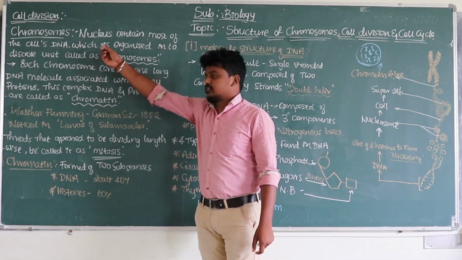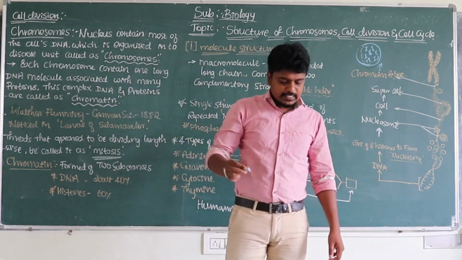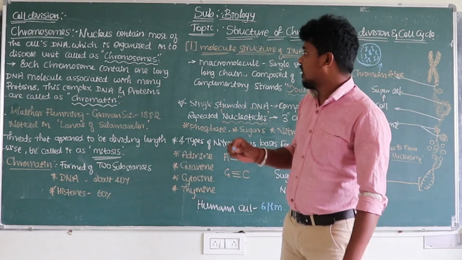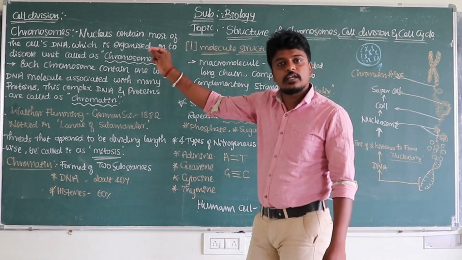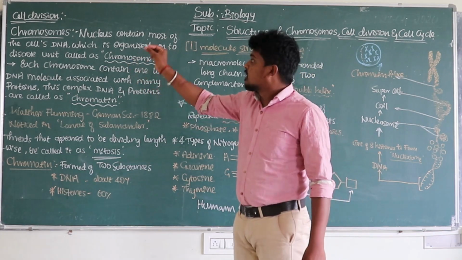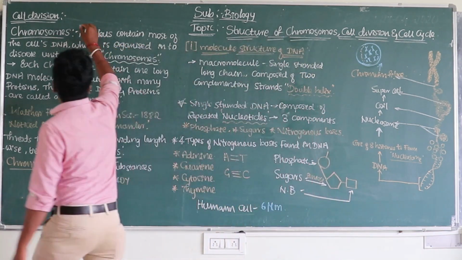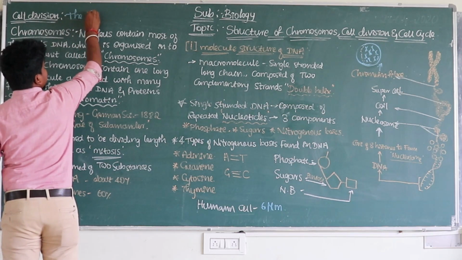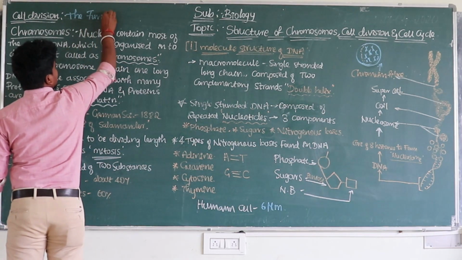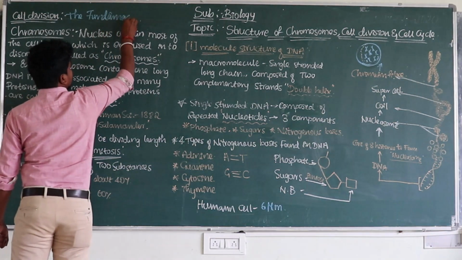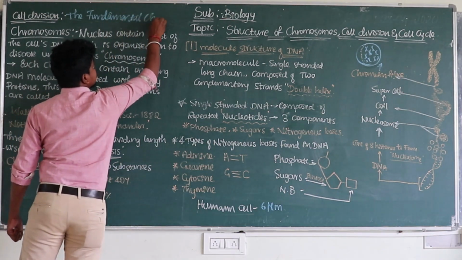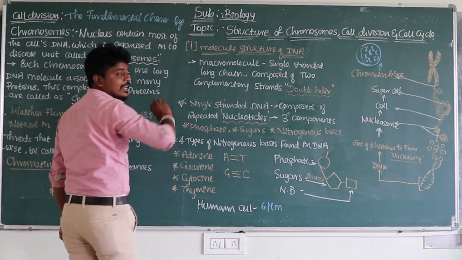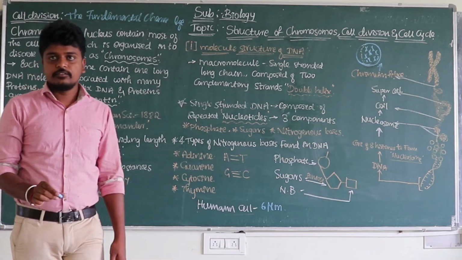What is cell division? Is that really essential and necessary for life? Yes, of course, cell division is the most important thing in all living organisms. Cell division is a fundamental characteristic of life.